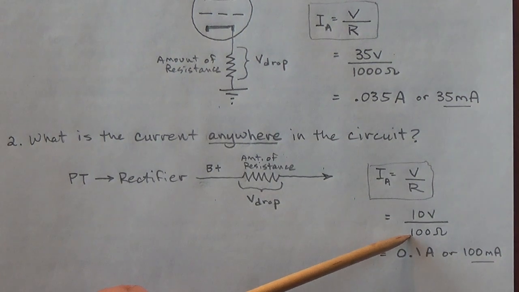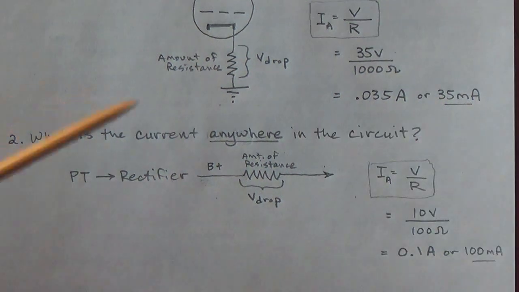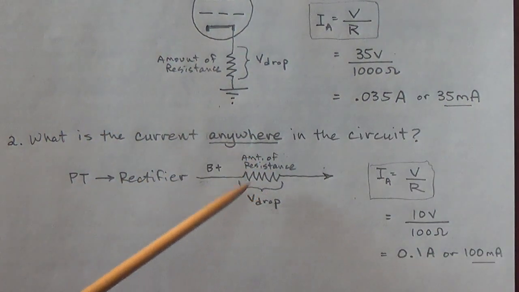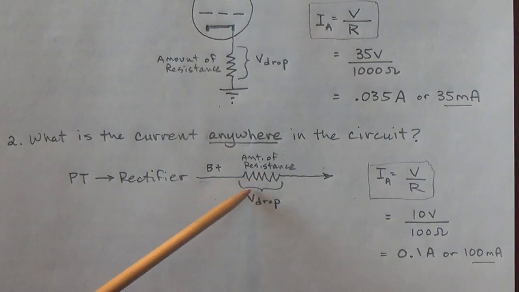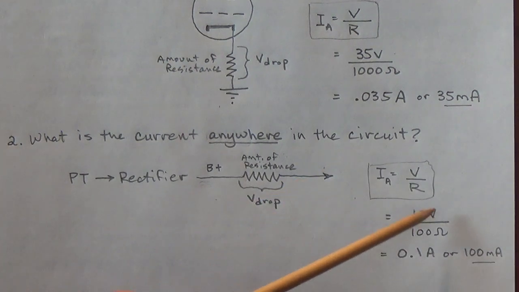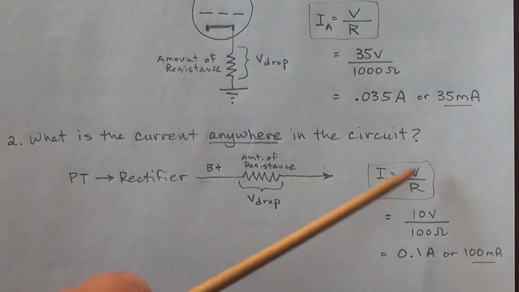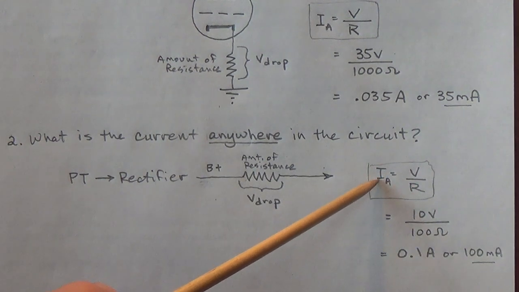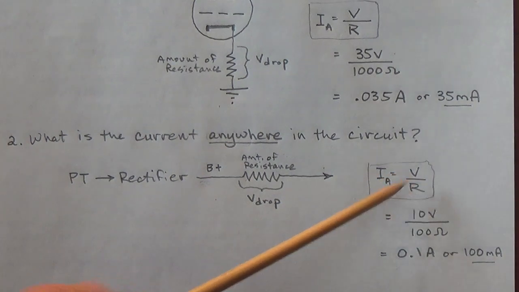In this case, I did it and I found it was exactly 100 ohms. Then I switch my meter to DC volts, turn on the amp, and measure the voltage drop across the resistor. In this case, I found it was 10 volts. So I then will divide, according to my formula: my current in amps will equal my voltage drop divided by my resistance.